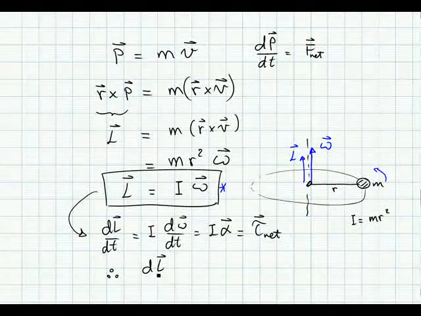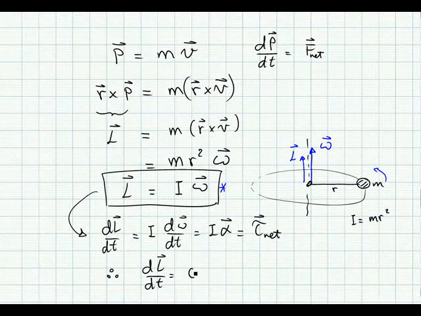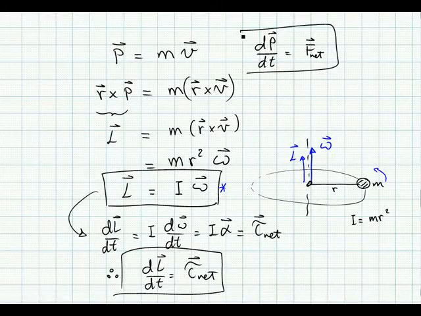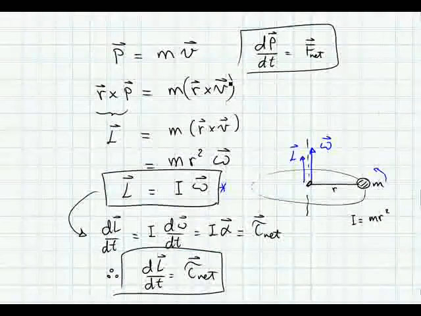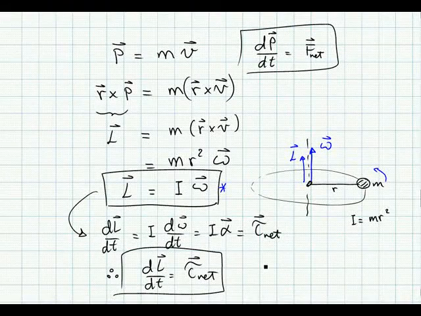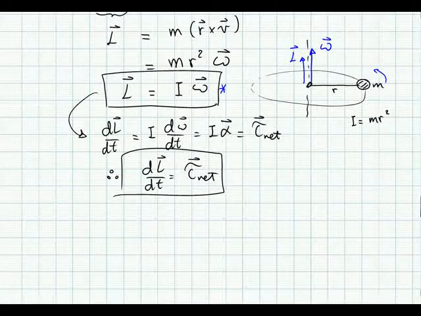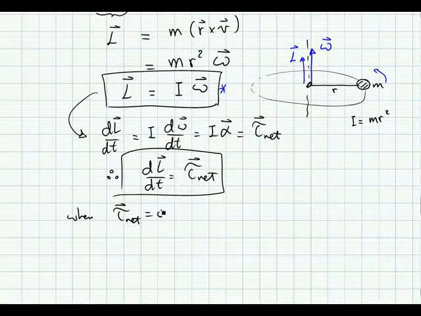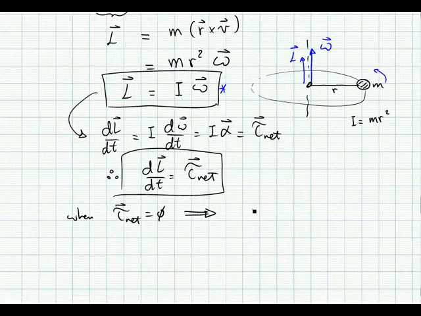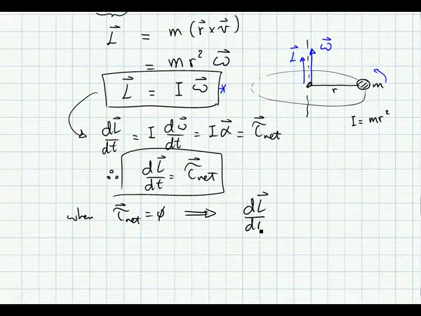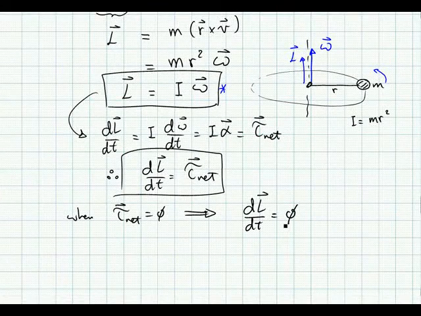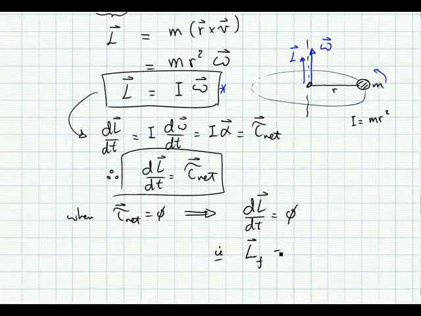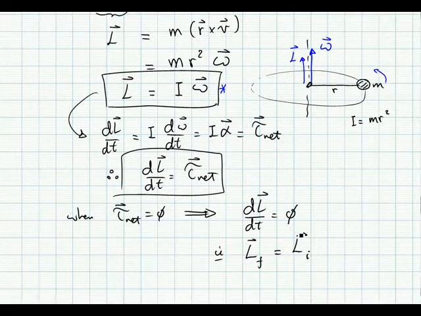Therefore dL/dt is equal to net torque, just in a similar way that net force is equal to the rate of change of linear momentum. Therefore we can see that when net torque is equal to 0, this leads to the rate of change of angular momentum being equal to 0, that is, angular momentum final is equal to angular momentum initial.